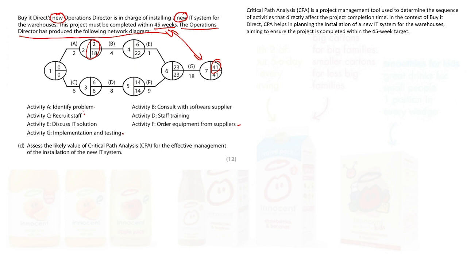Okay, we're then going to train up those staff, presuming they need training. We're then going to discuss the IT solution, even though they've already identified the problem. I'm not sure who's doing that. Maybe it's the ops director who's going to identify it. The brand new company's just started working at. And then we're going to order it and everything will be happy because everything's going to work first time. Maybe not, said the CEO of HS2.